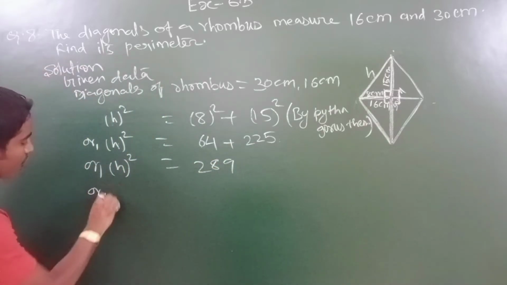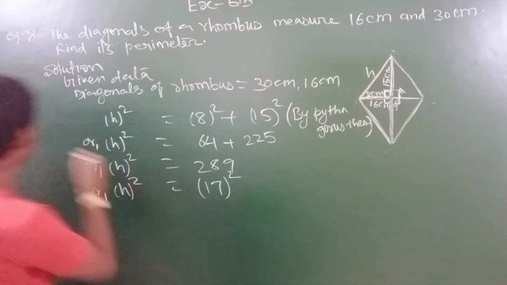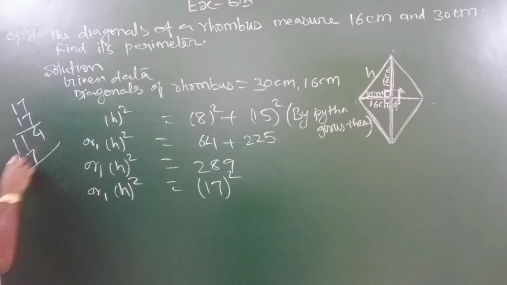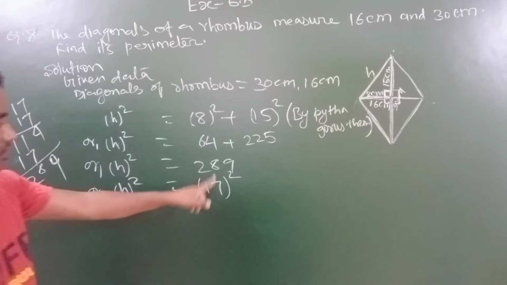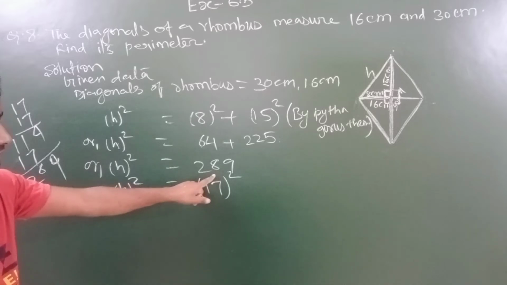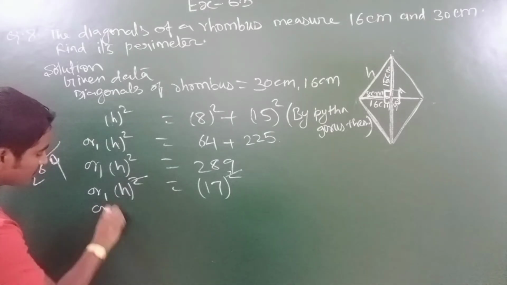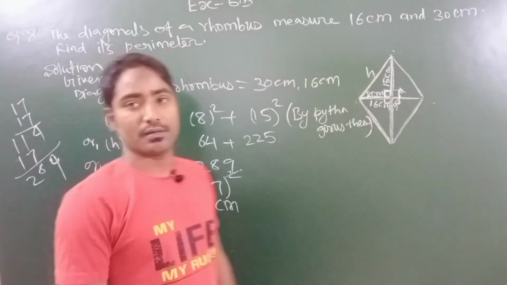Now if you split this 289, students, you will get 17 into 17. 7 sevens are 49, so we get 9, meaning 289. So you will get 17 square. Now square and square will cancel, so here we have the h value equal to 17 centimeter.